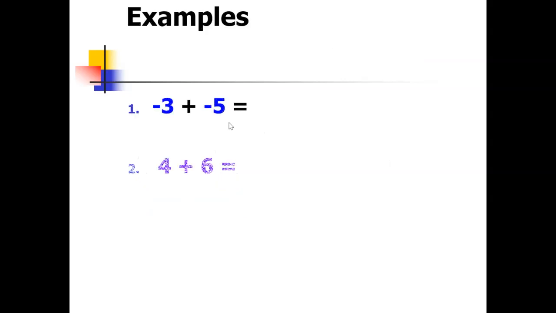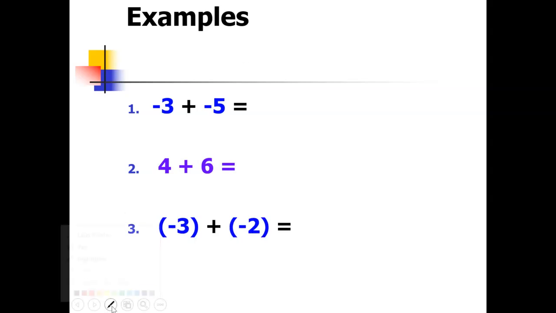Let's try some examples on our own now. Keep in mind the parentheses should not make any difference. Negative 3 and negative 5, you will add first, which gives me 8, and then you keep the sign negative. So that's negative 8. 4 plus 6 is going to be 10, positive 10.